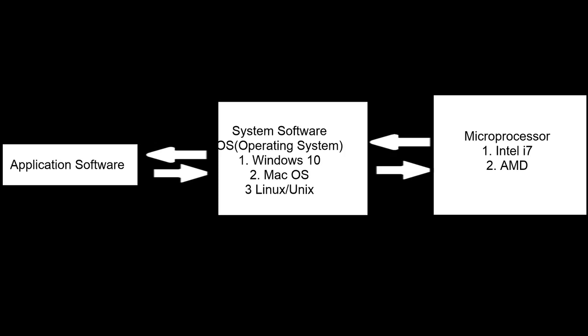The operating system falls under the system software component of the software part of the computer, because the set of instructions inside the operating system are directly executed by the microprocessor of that computer.